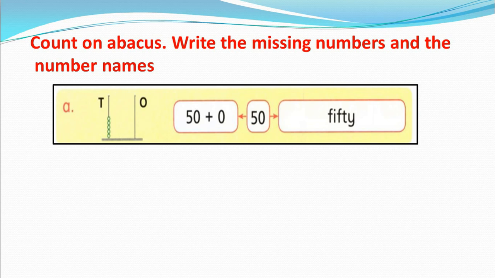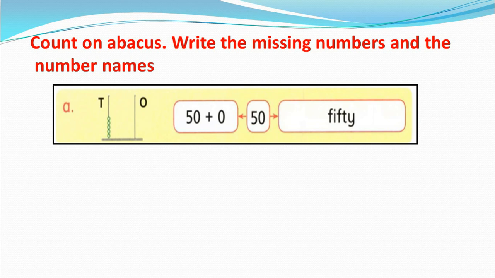And on the ones rod there is nothing, which means there is 0 ones. Now add them. 50 plus 0 equals 50 and the number name 50.